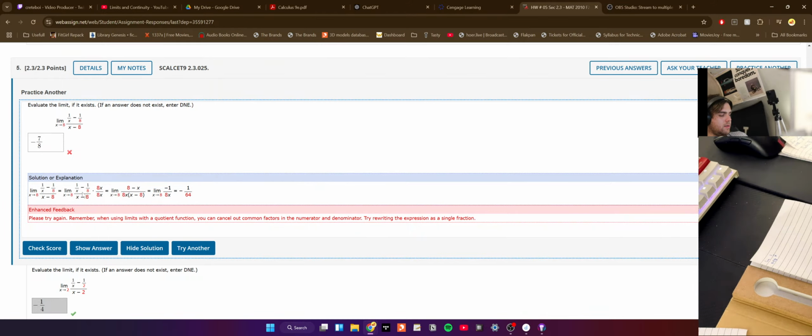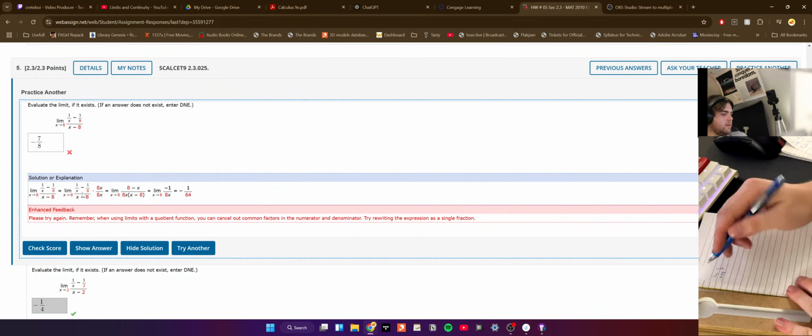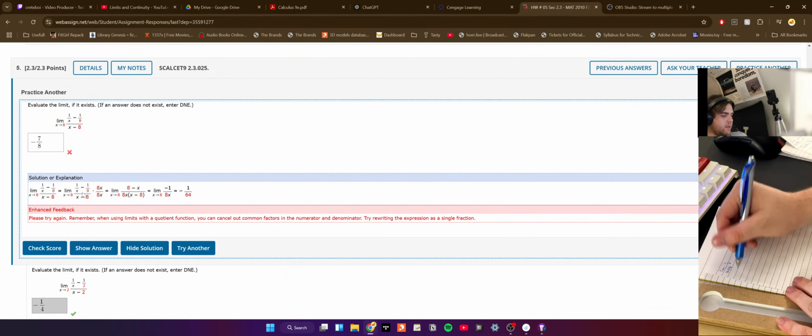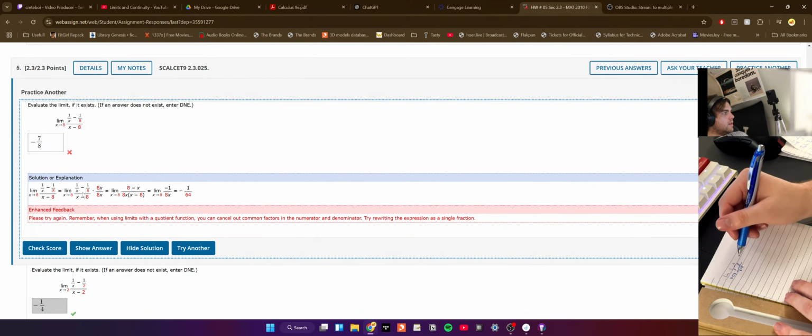Let's just write this down really quick. 1 over x minus 1 over 8, over x minus 8. So 1 over x times 8x over 1, we get 8x over x equals 8.